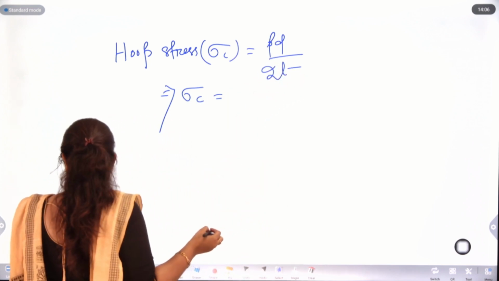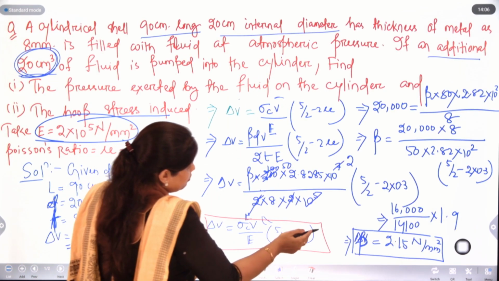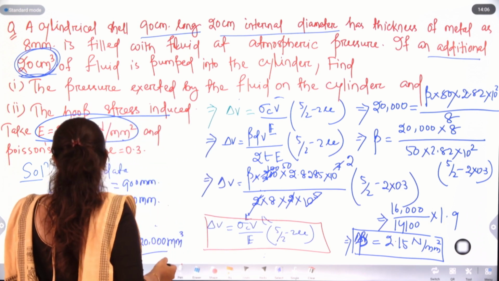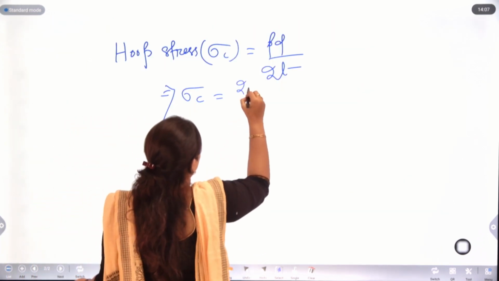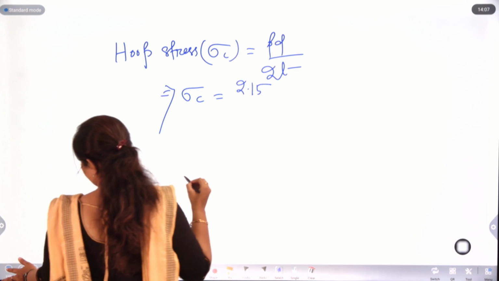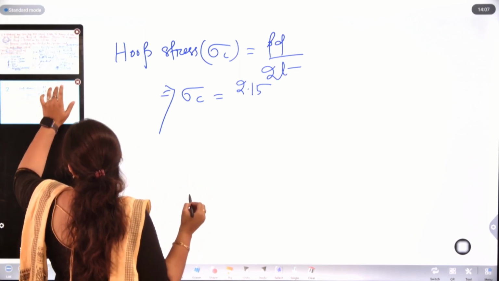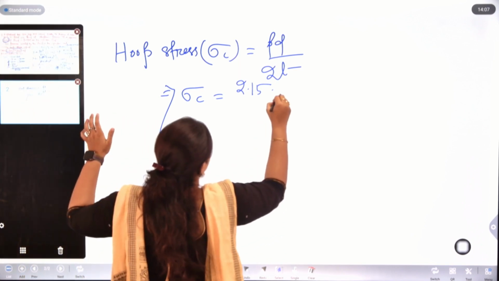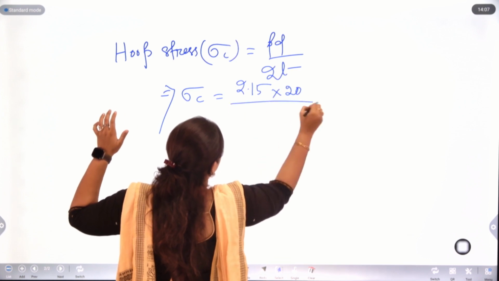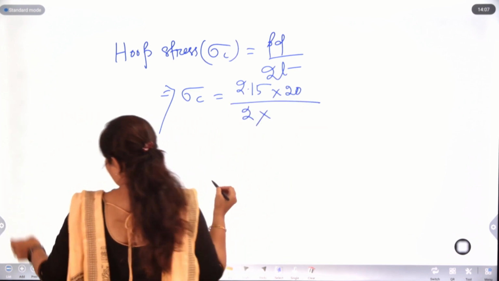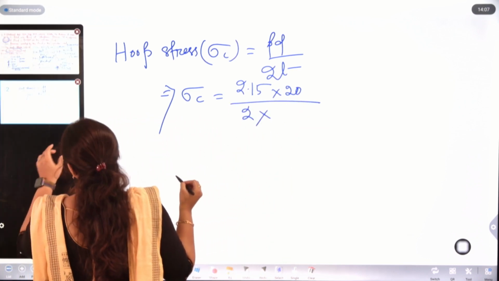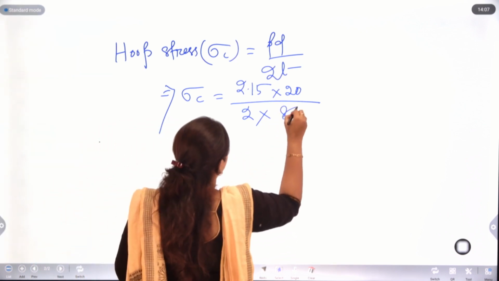So what we have in case of our P? P is 2.15 and our D is 20, into thickness is what? 8 mm. Yeah, right, 8.